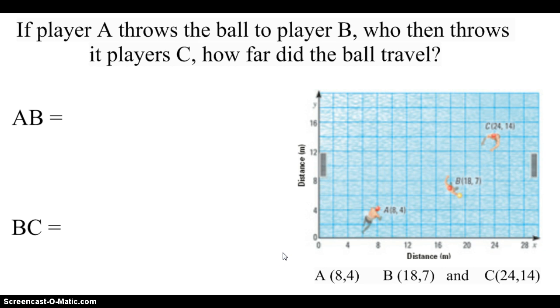Distance is length, distance is travel. Distance always has to be positive. So I'm going from A to B. So that's going to be my distance from A to B. And then I'm going from B to C. So I'm just doing 2 distances, and once I have my answers, I'm going to add them up. I'd like you to pause the video and try to do the distances by yourself, and then come back to them.